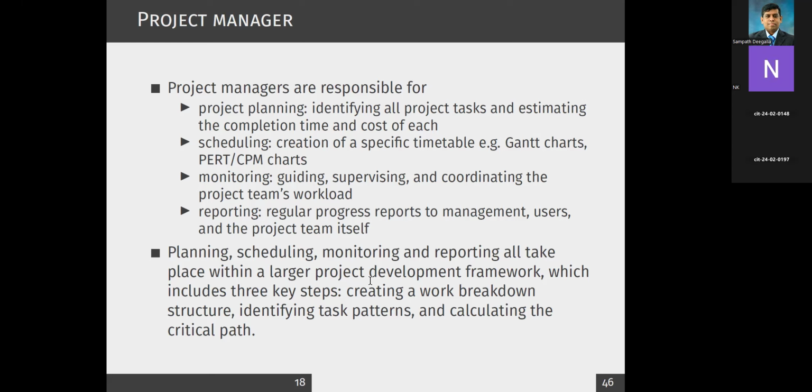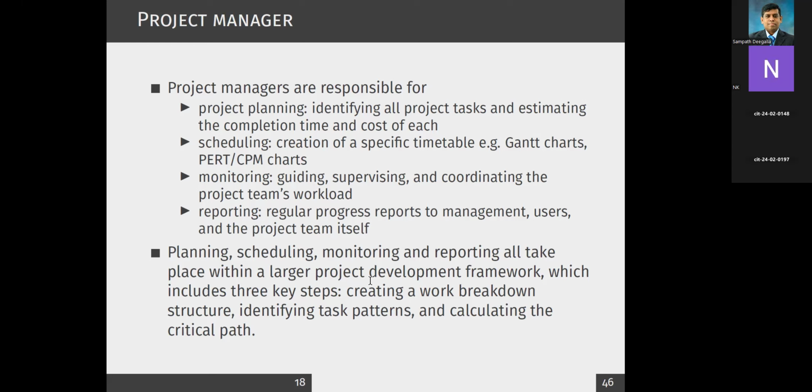You have to guide, supervise, and coordinate the project team's workload and reporting. You should always send regular reports to the management. Very, very important. The planning, scheduling, monitoring, and reporting usually happen within large software development.